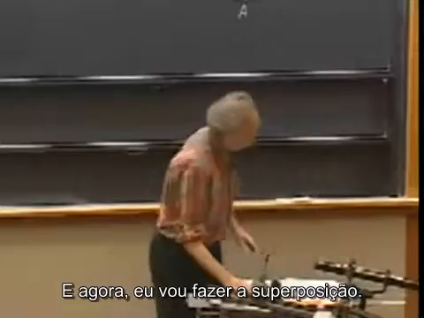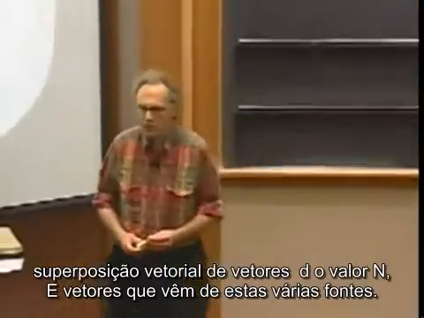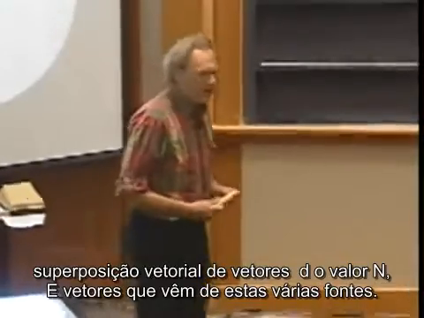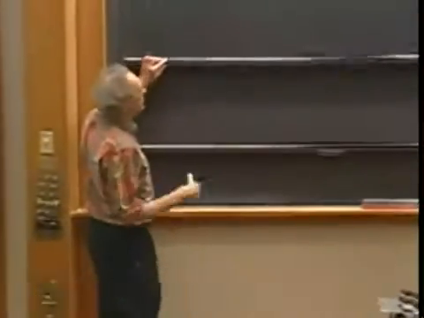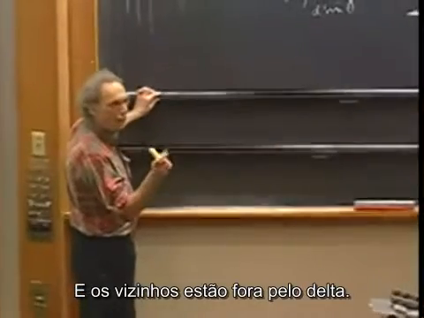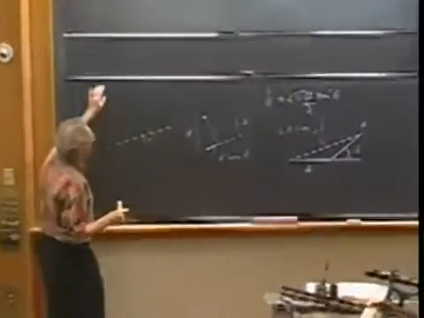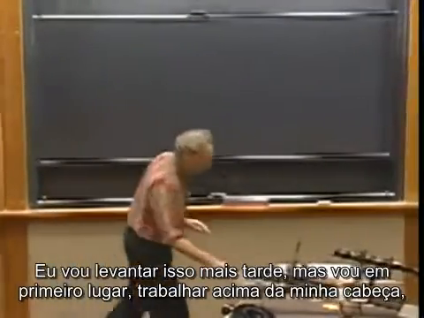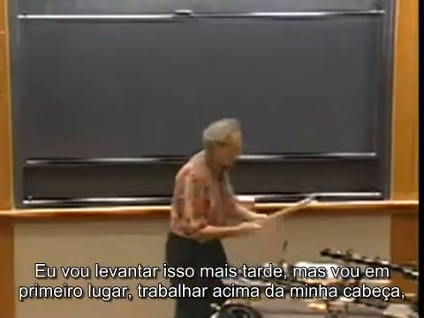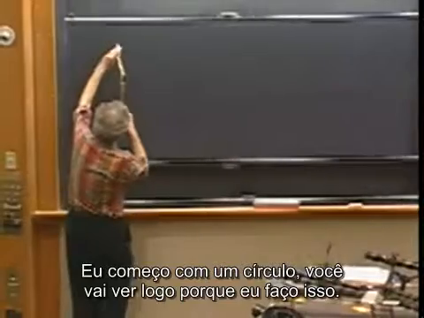And now I'm going to do the vectorial superposition of capital N E vectors that come from these various sources. And the neighboring ones are off by delta. That's the phase angle between them. I will raise this later, but I want to work above my head so that you can see what I do. I start with a circle.